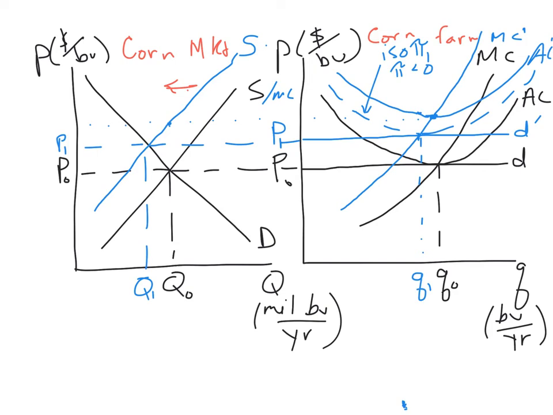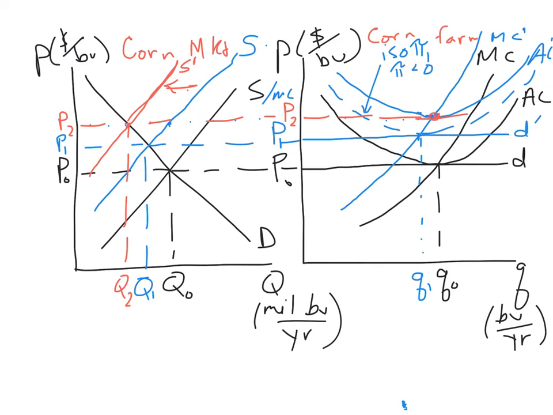How much will the supply curve have to shift to the left? Well, so that the farmers that are still growing corn, after all the shakeout, are just breaking even. That would be a new long-run equilibrium, Q2, P2. And notice that at P2, the farmers that are still in corn after all is said and done are just breaking even.